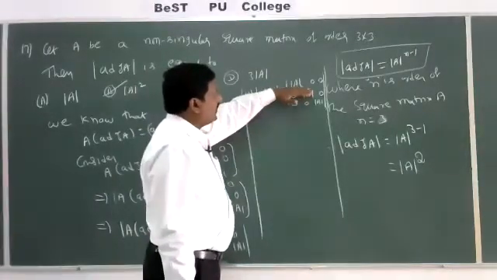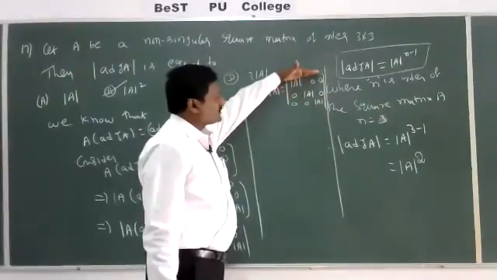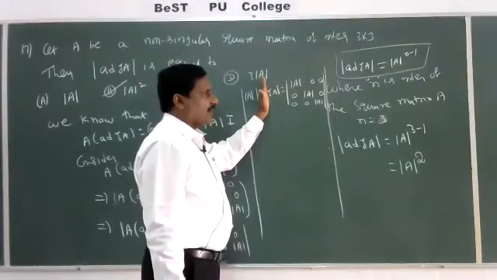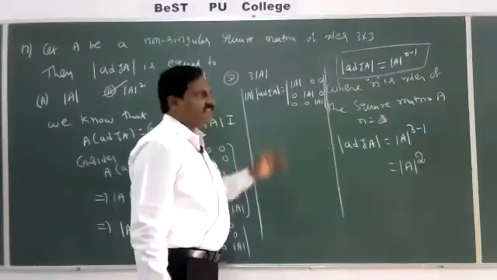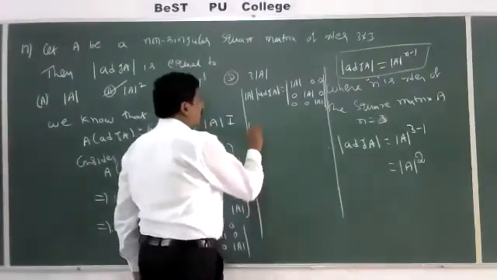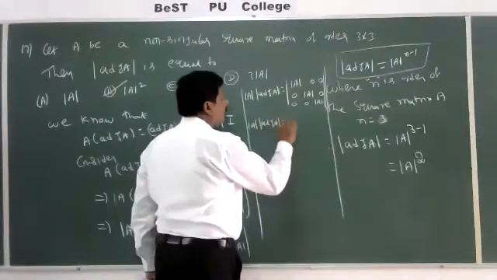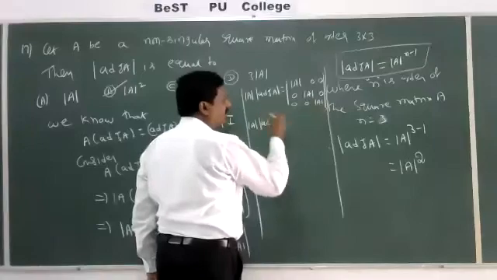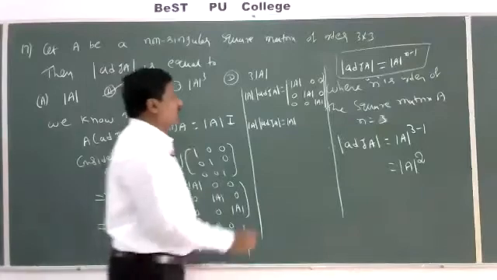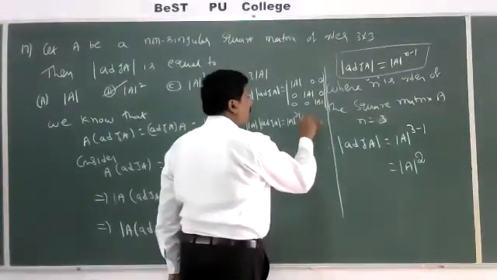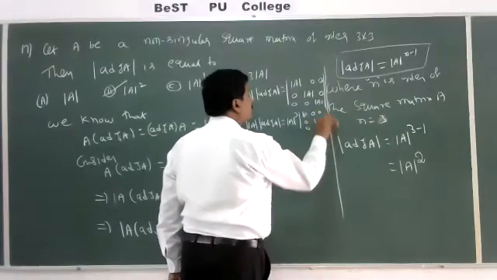From the first row we can take det A common, from the second row also det A, from the third row also det A. Then the determinant of A into adjoint A equals det A into det A into det A, that is det A cube into the determinant of 1 0 0, 0 1 0, 0 0 1.